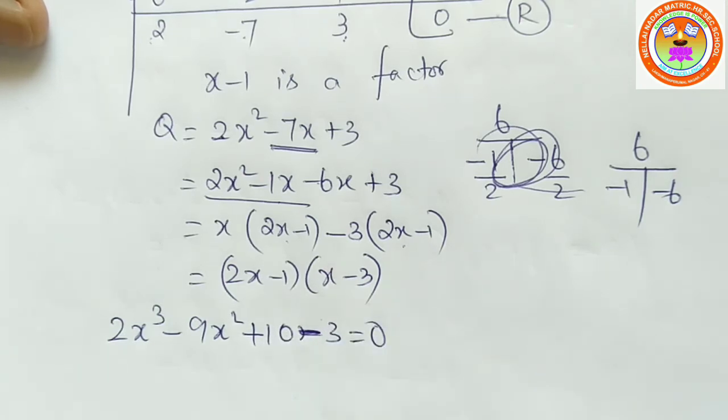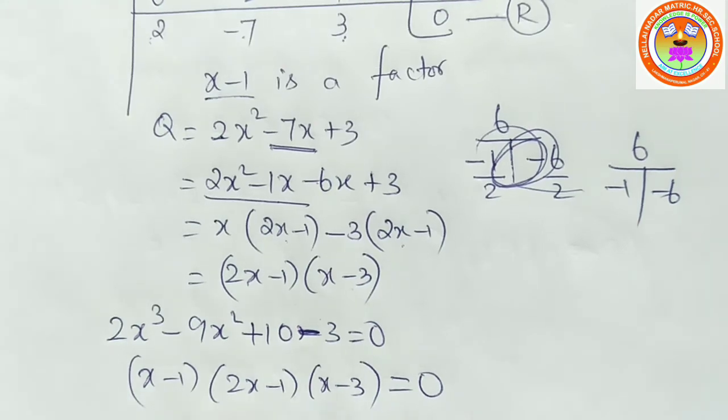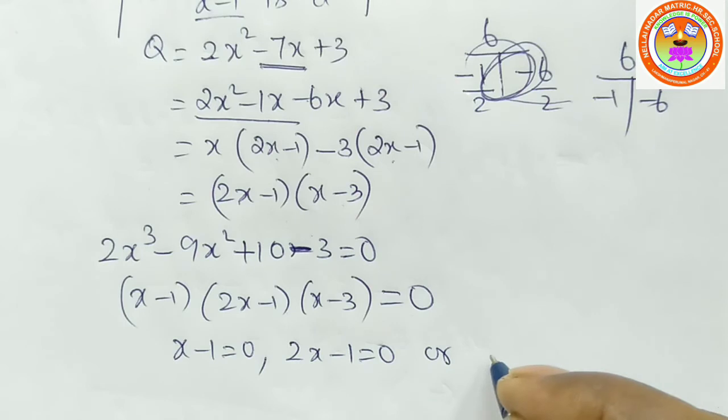Therefore, the given equation 2x cube minus 9x square plus 10x minus 3 equal to 0, this cubic equation can be written as the product of these three factors, that is x minus 1 into 2x minus 1 into x minus 3, which is equal to 0. So the product of 3 terms is 0, which means x minus 1 is equal to 0, or 2x minus 1 is equal to 0, or x minus 3 is equal to 0.